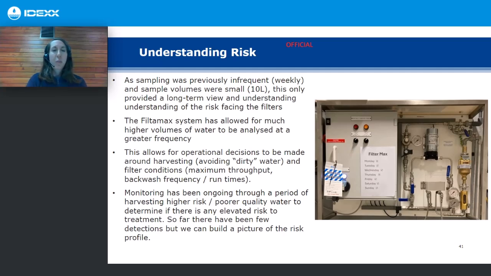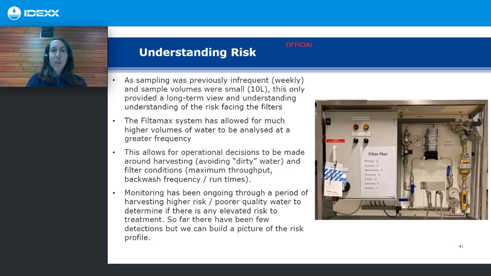For a long period of the time that we had the Filta Max in place, we had quite a full reservoir, and we were diluting all our Yarra River water, which is the higher risk part of the catchment, with the cleaner, for want of a better word, Maroondah Aqueduct water, which is more of a protected catchment and has less risk sources.